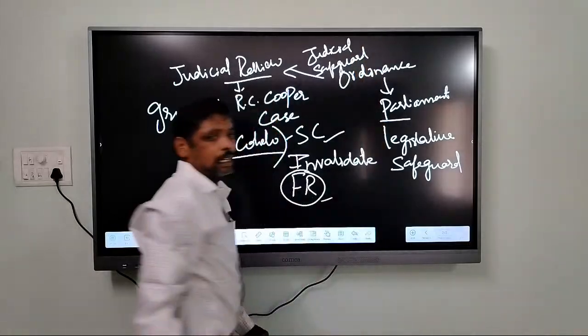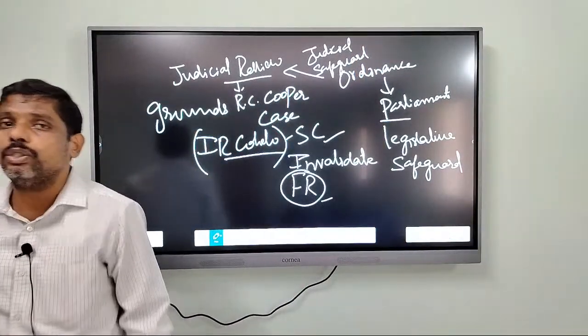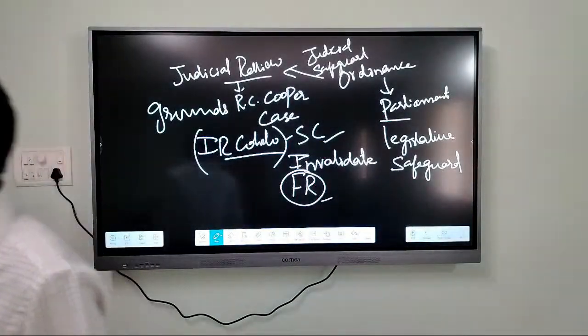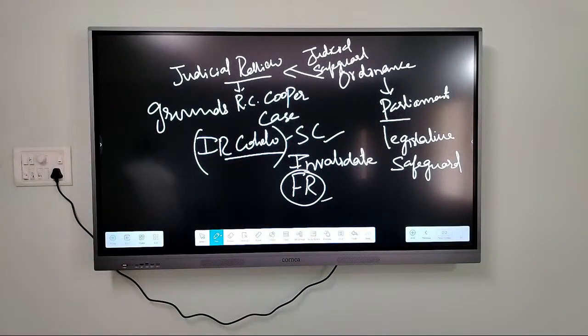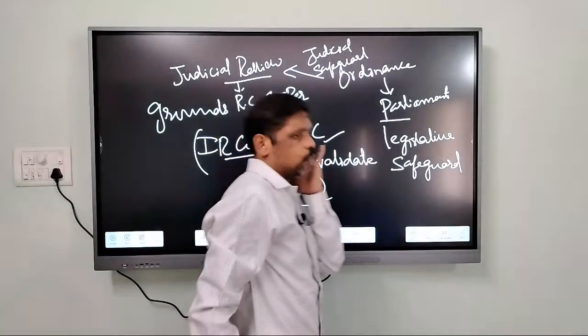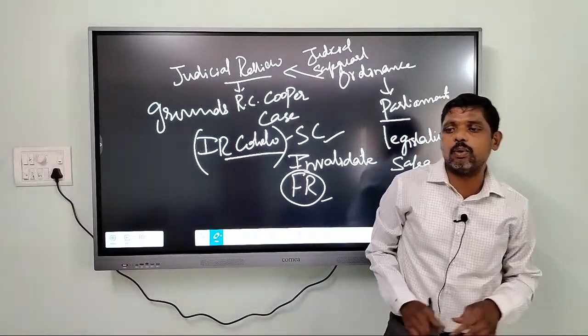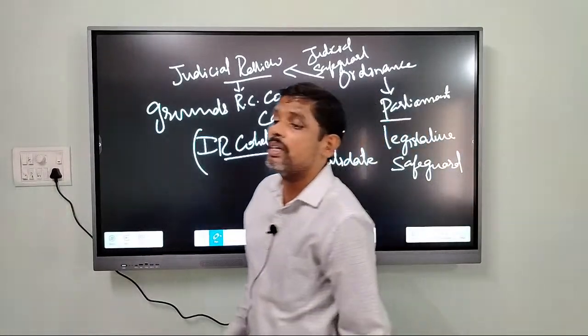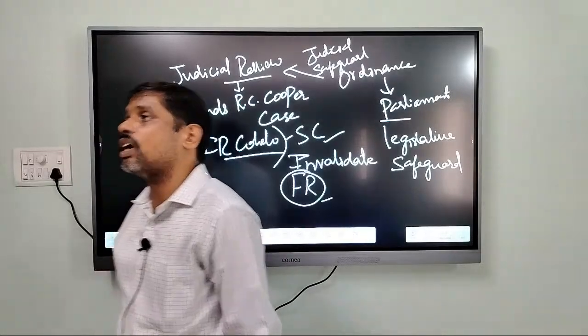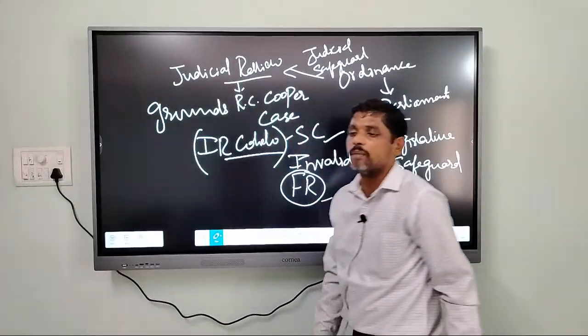So there is both a legislative safeguard as well as a judicial safeguard against the ordinances made by the President. In case of misuse, there is both the judiciary and Parliament to safeguard the rights of the people.